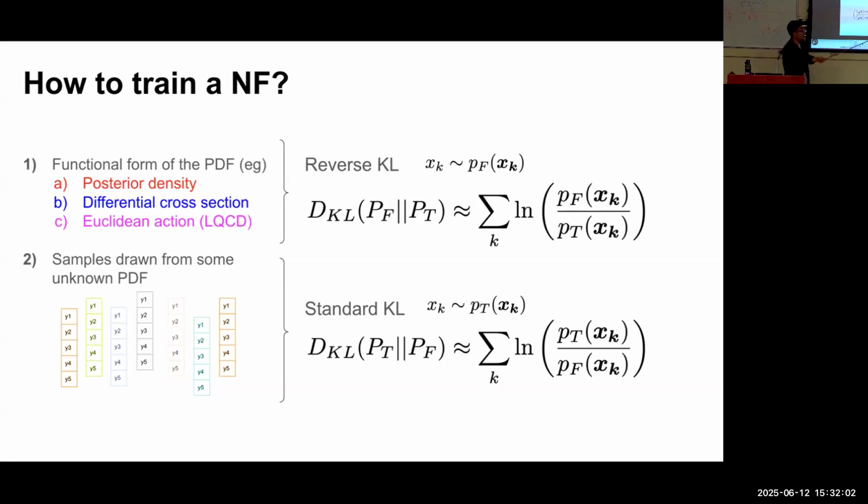The other cool thing about this is that the true distribution doesn't have to be normalized. Imagine that this function is written as its norm times an unnormalized density. Then in this logarithm, that appears as a constant. And optimization of the normalizing flow only cares about the derivative.